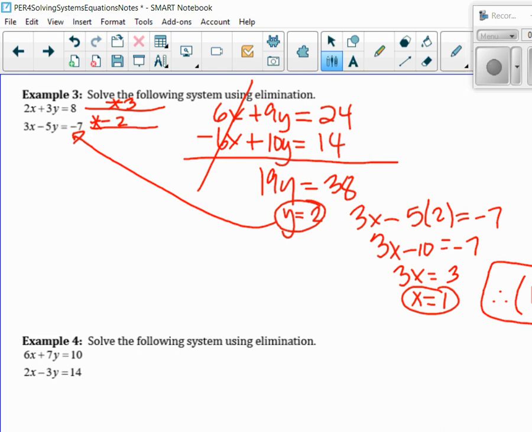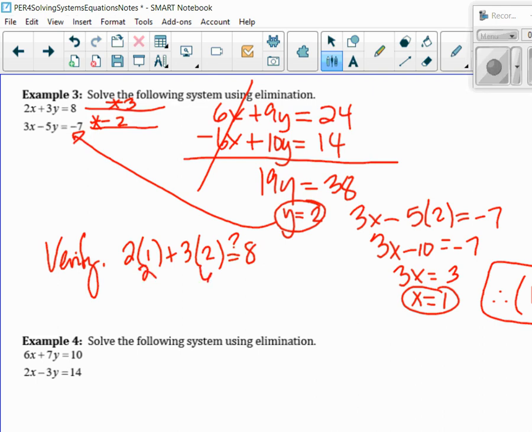Otherwise, you'll lose the marks. And I'm going to verify that it's correct. So 2 times 1 plus 3 times 2, does that equal 8? So this is 2 plus 6, so that works. And then 3 times 1 minus 5 times 2, does that equal minus 7? 3 minus 10, that certainly works.